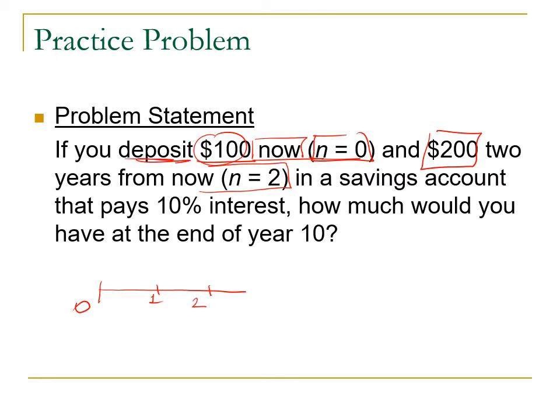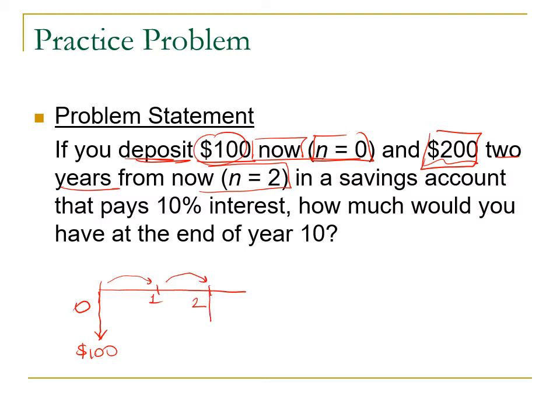Depositing to a bank account means that this money is reduced from our pocket. It's a cash outflow. Then we need to represent it as a downward arrow. So this is $100. And it says that this $200 is 2 years from now. So this is 1 year, this is the second year, and it appears at the end of the second year.